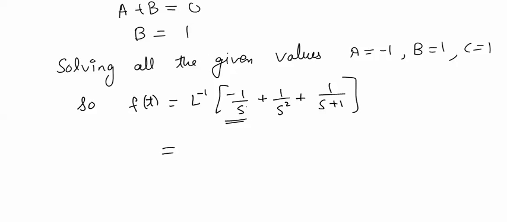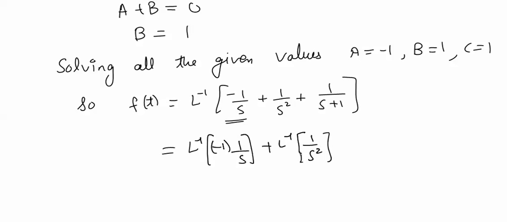Minus 1 you can take common, so you can individually get the inverse Laplace of minus 1 of 1 by s, plus Laplace inverse of 1 by s square, plus Laplace inverse of 1 by s plus 1.